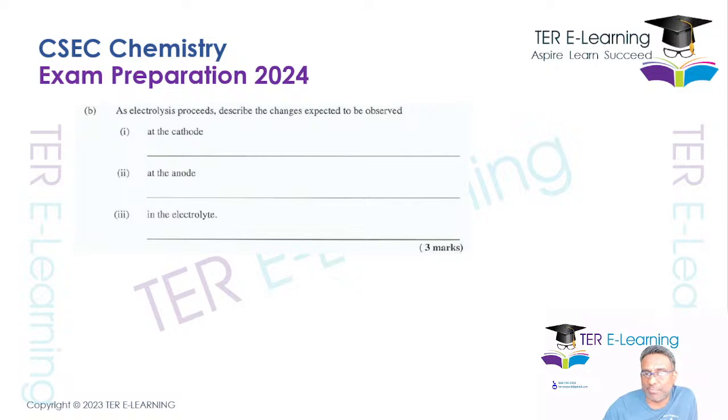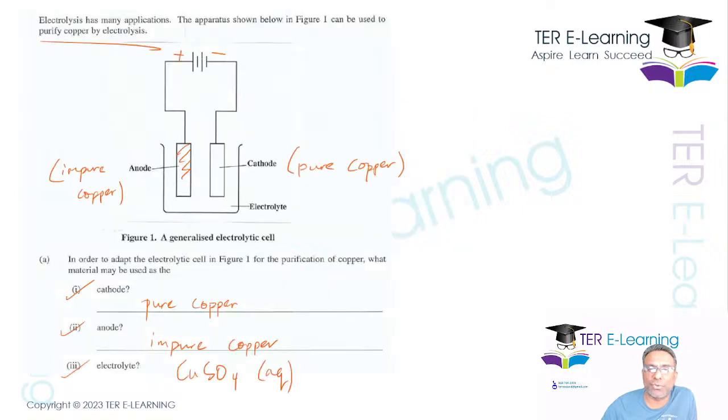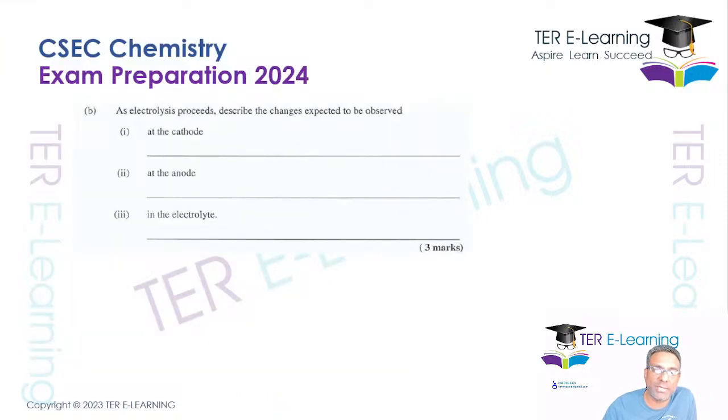As electrolysis proceeds, describe the changes expected to be observed at the cathode and the anode. Remember, the cathode is where the pure copper is. So pure copper is going to be deposited, and the mass of the cathode increases.